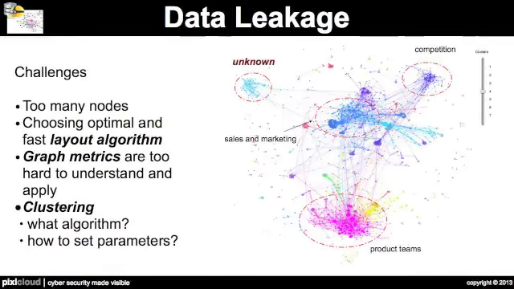Data leakage example, I have emails here, sender and recipient. I'm doing some clustering on it to see certain groups communicating, but I have all kinds of problems. What is the right layout algorithm? How do I cluster these? What algorithm to use? What are graph metrics? How do I leverage them here efficiently? Running a layout algorithm on a bigger graph can take hours or days just to come back, and I have this hairball, all the nodes collapse into one.